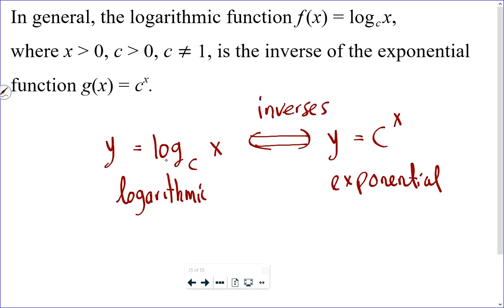Then whatever rules we had for what c is allowed to be in the exponential have to be the same rules for what c is allowed to be in the logarithmic. And this goes back to our first lesson in this unit where we said that c must be a number greater than 0 and c cannot be equal to 1.